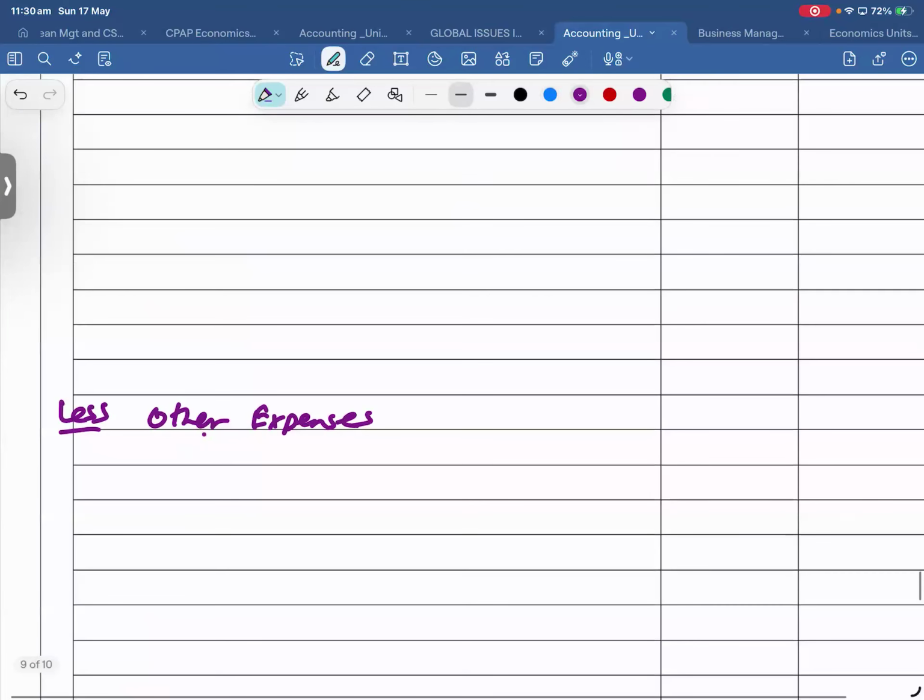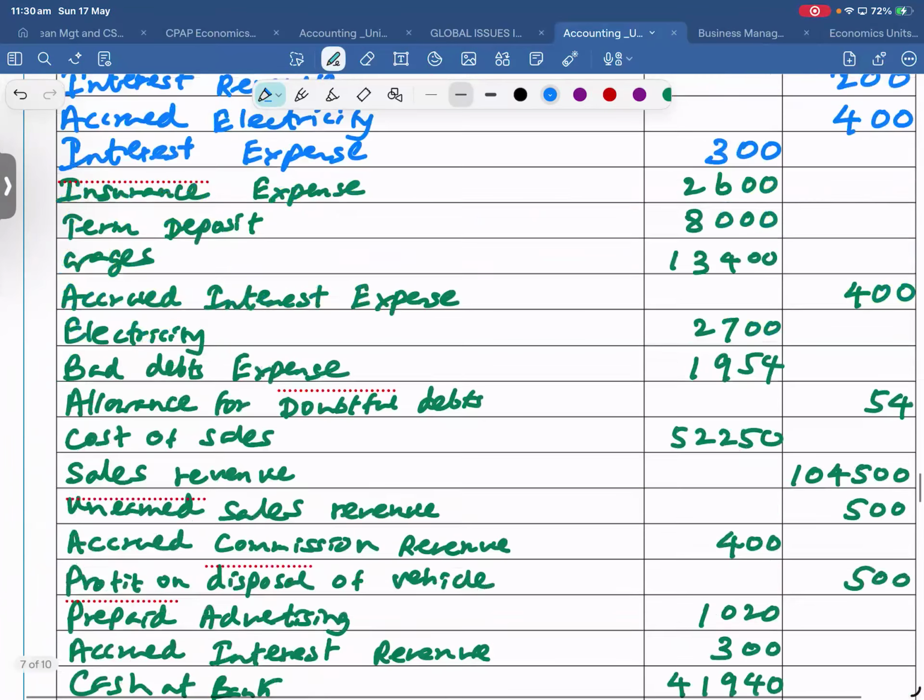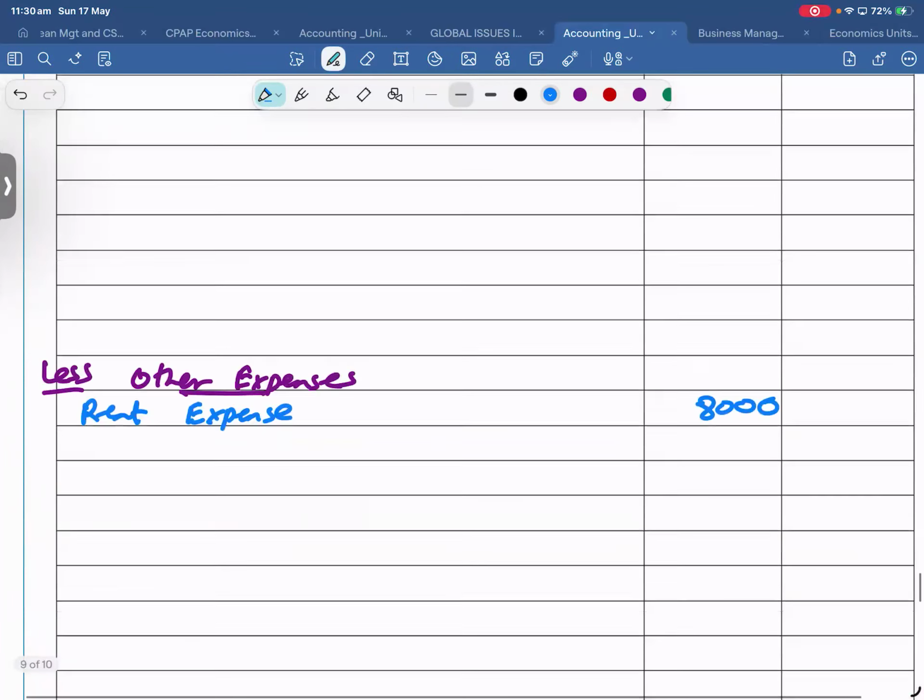Right. Next one is inventory gain 1950. Right, inventory gain.